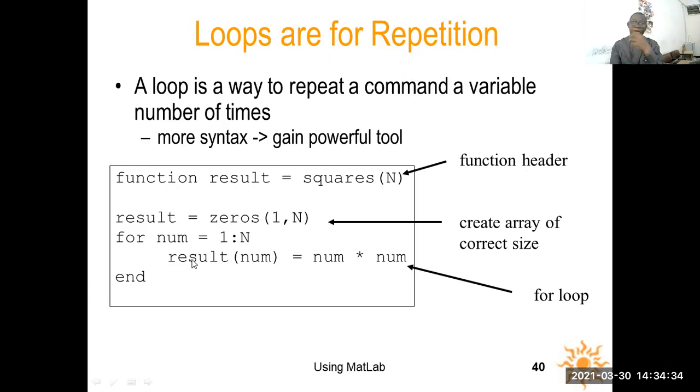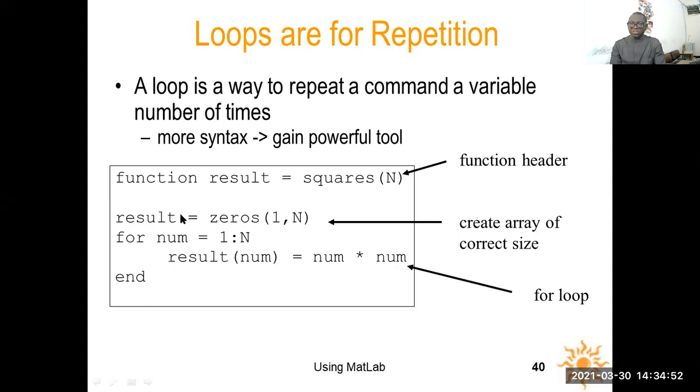So you now say for num is equal to 1 to n, result num is equal to num times num. Times num is what squares the number, because squaring is just multiplying the number by itself.